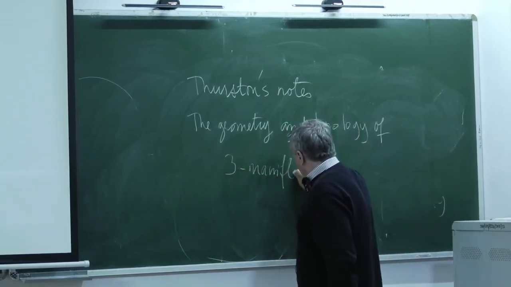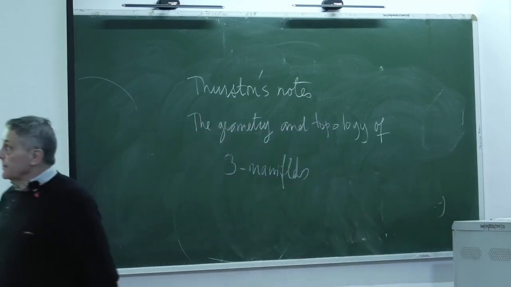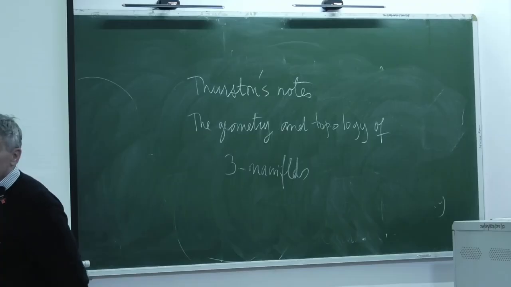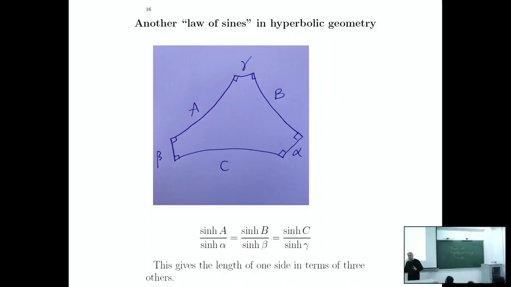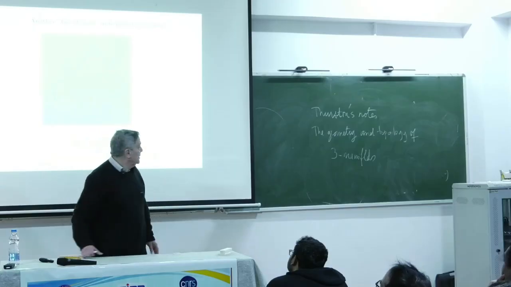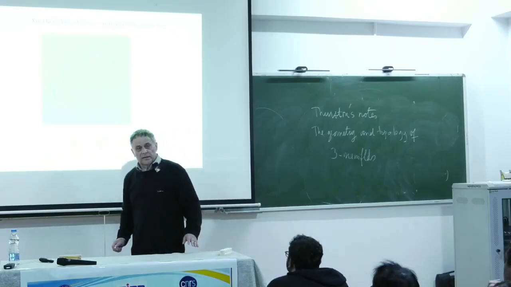The notes are on three-manifolds, but there are some chapters on surfaces. This is from chapter 2, which is hyperbolic trigonometry. He does, at the same time, the spherical and the hyperbolic trigonometry, which I think is the correct way to understand things. You have to do them together. If you are interested, you look at this. These are available on the internet, in fact.